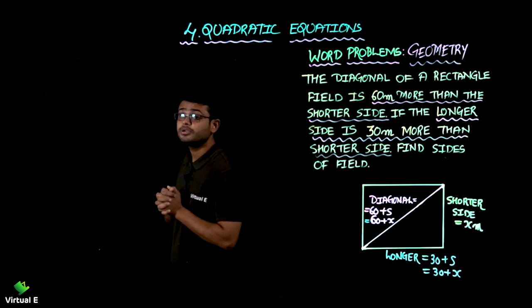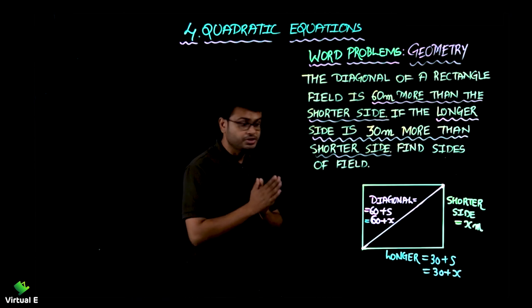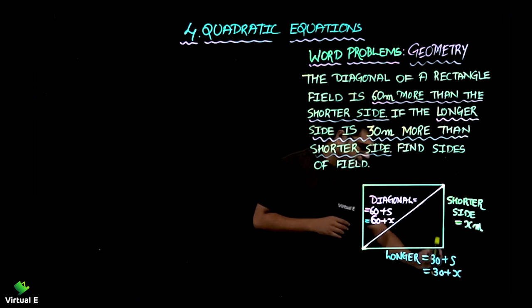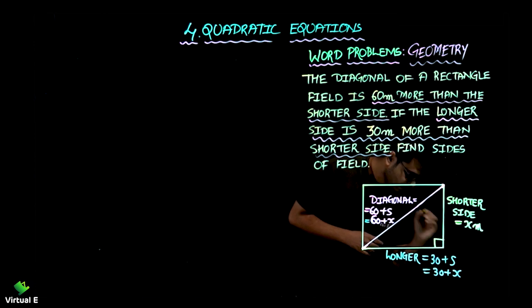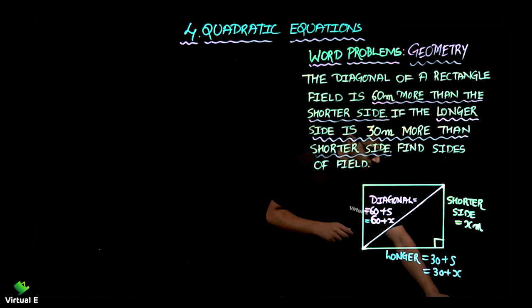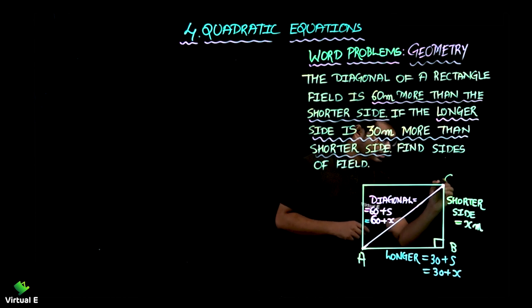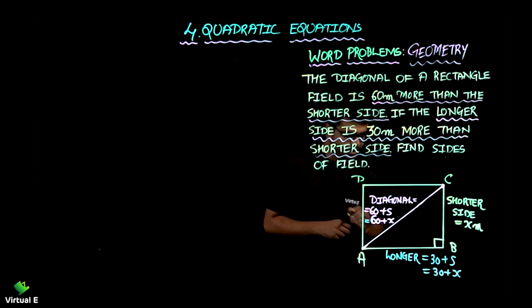So we are going to use the Pythagoras theorem to make a quadratic equation. Let's mention that this is 90 degrees.